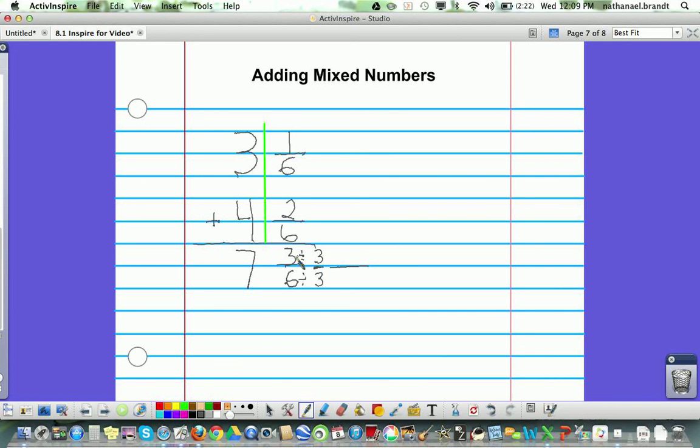So 3 divided by 3 is 1. 6 divided by 3 is 2. 3/6 is equivalent to 1/2. 1/2 is in simplest form. It cannot be simplified anymore. It doesn't share any common factors besides 1. So our answer in simplest form to 3 and 1/6 plus 4 and 2/6 is 7 and 1/2.